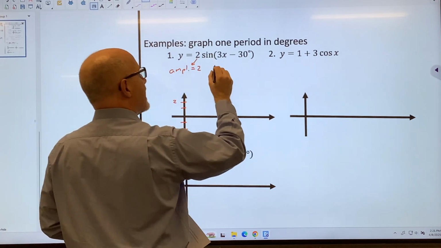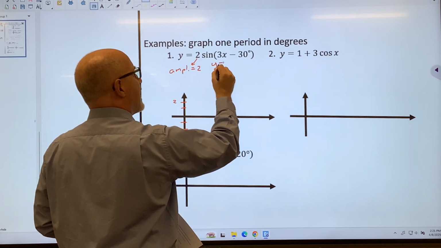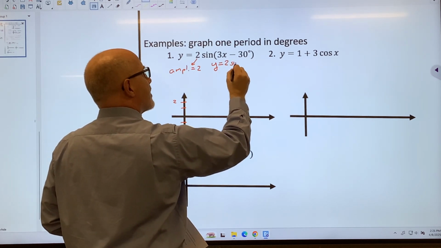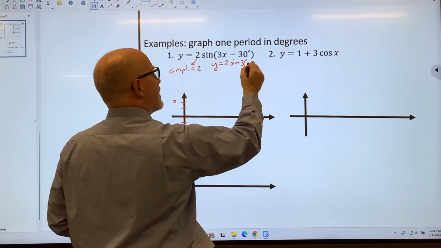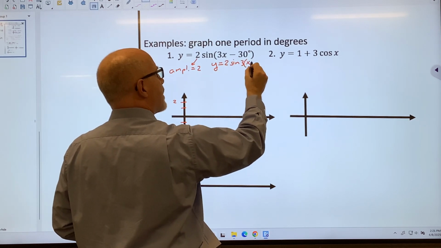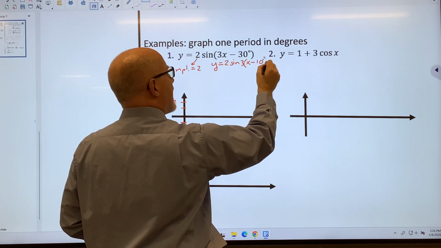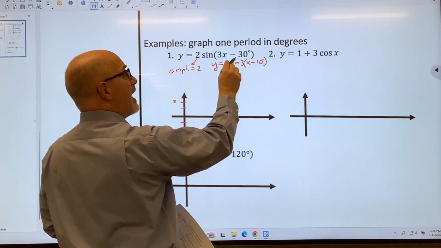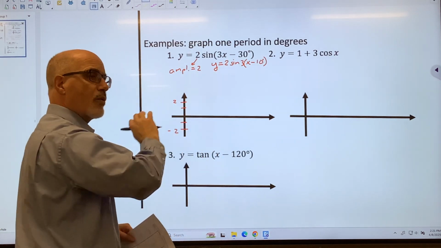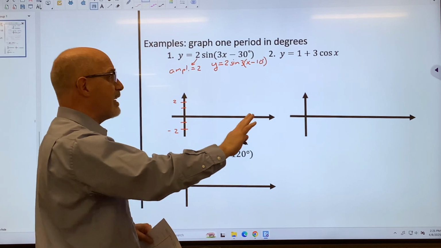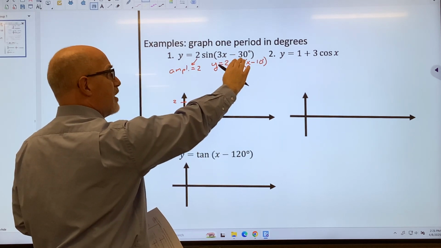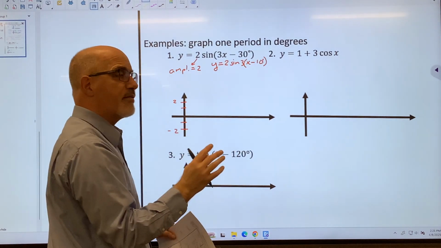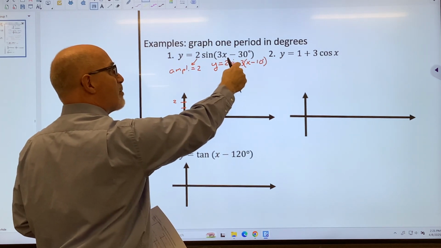Then on the inside here, I've got to factor out that 3. So if you have this kind of expression, notice I can distribute out the 3, because if I had thought that my horizontal translation, my phase shift, was 30 instead of 10, I would have been off. You need to factor it out so we have it properly.